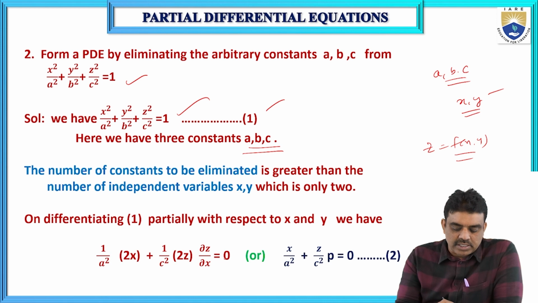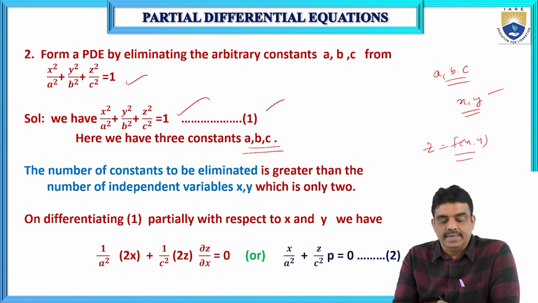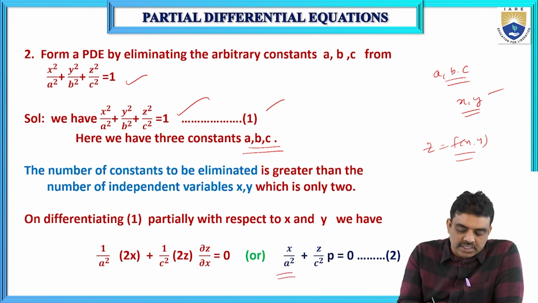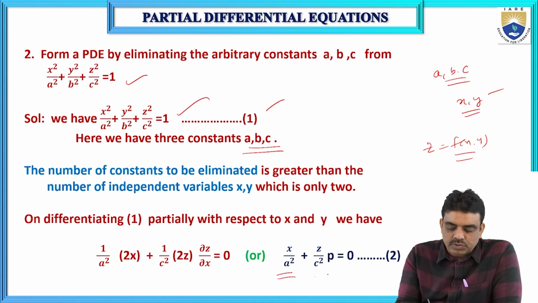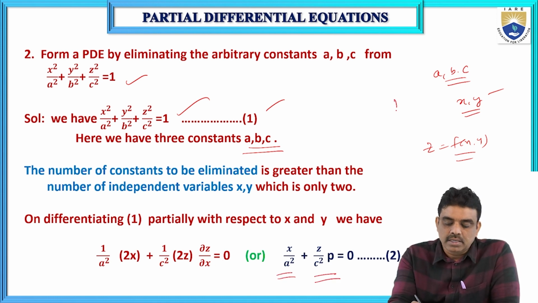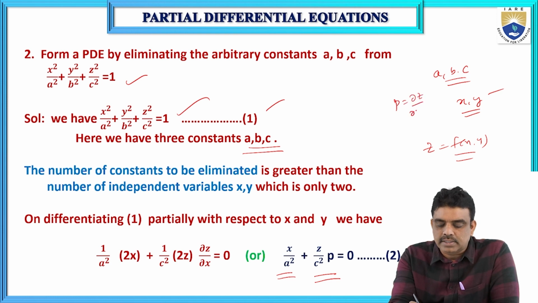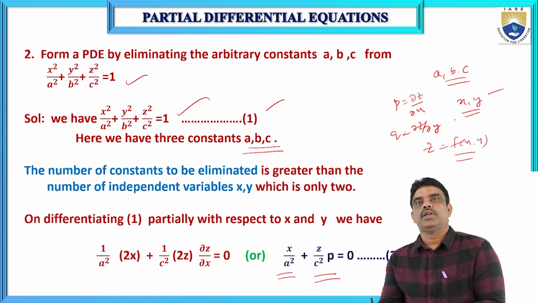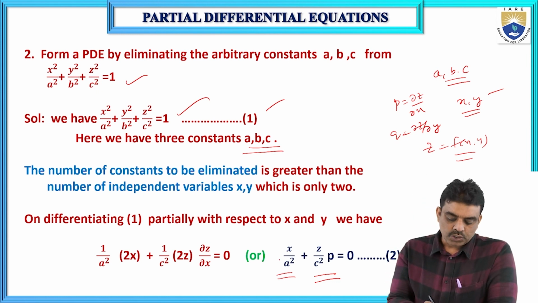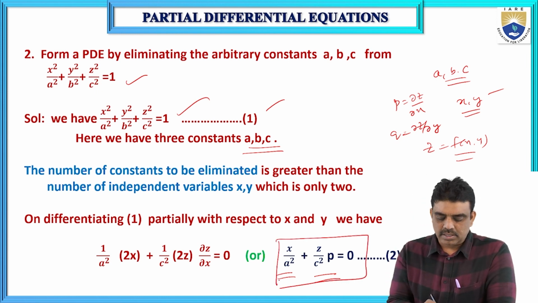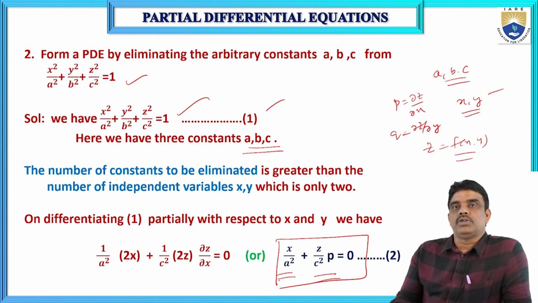Dou z by dou x is equal to 0, or on taking out 2 and writing outside, we get x by a square, first term, plus z by c square into dou z by dou x, which is p. P means dou z by dou x and q means dou z by dou y. That is the notation which we are following throughout the chapter. So x by a square plus z by c square into p is equal to 0. This is equation number 2.